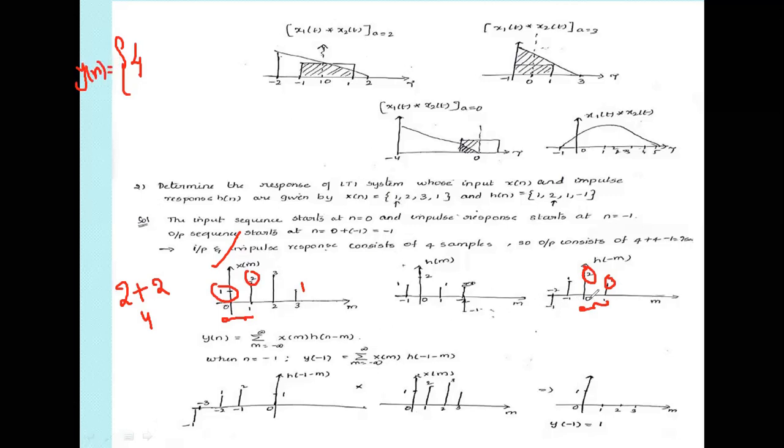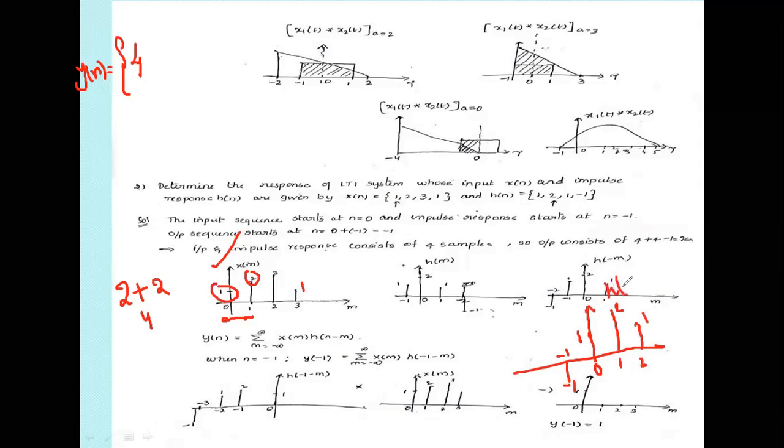Still you can move that value towards the right side by one sample. See, these are moving towards the right side by one sample. The graph -1 will get at -1. -1 value at -1 and 1 it is at 0. And it is 2 at 1 and it is 2, the value is 1. Means one sample is shifted towards the right side.